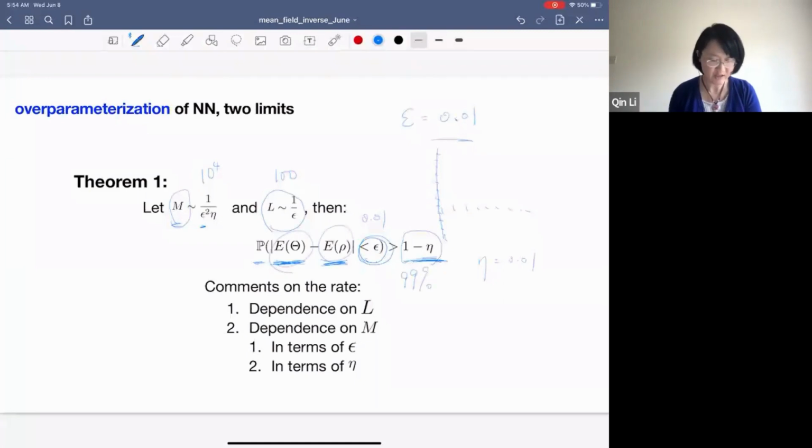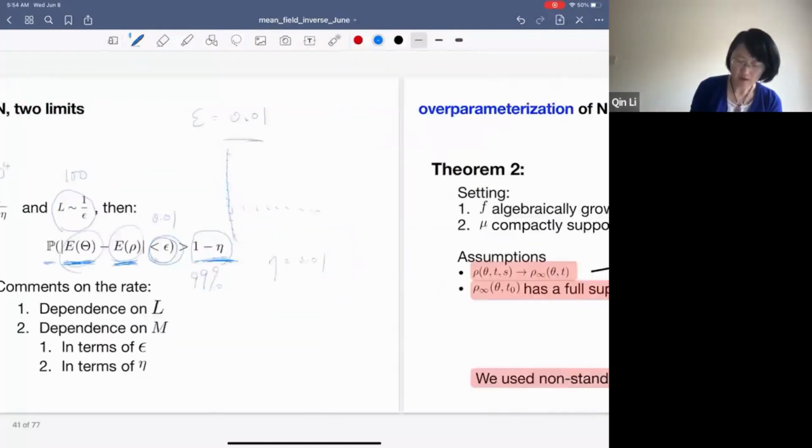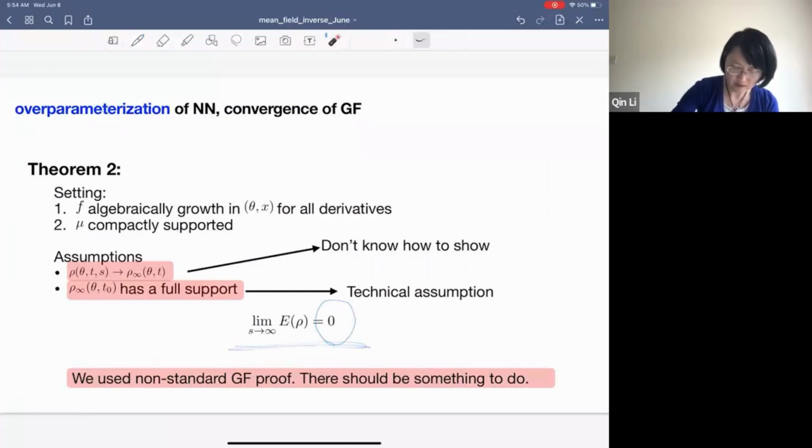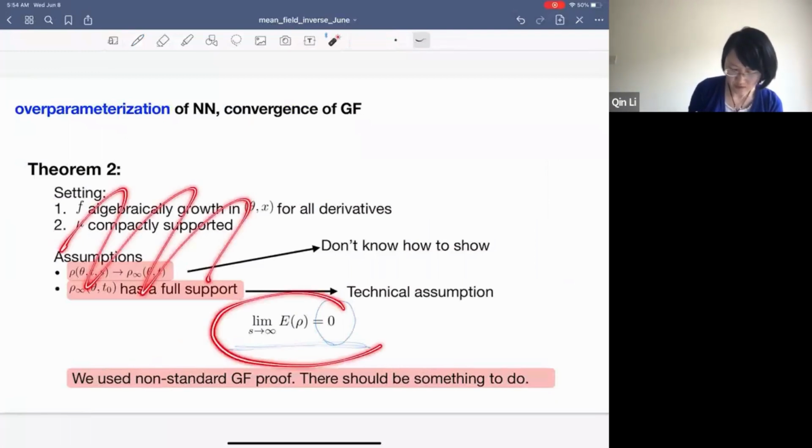This is basically suggesting that in the limit, if your number of layers is truly a lot and the number of neurons is truly quite a lot, then you can indeed view the training of the neural network by the gradient flow PDE. And then you show that the gradient flow PDE, in the training time going to infinity limit, indeed converges you to the zero loss function. Please forget about the technical details over here. I want you to focus on this line.